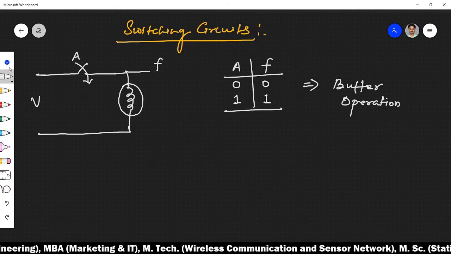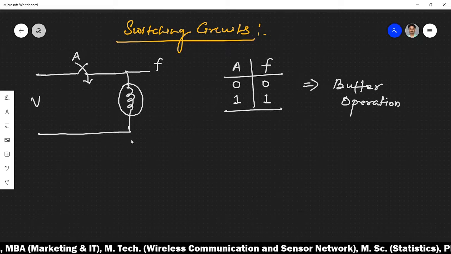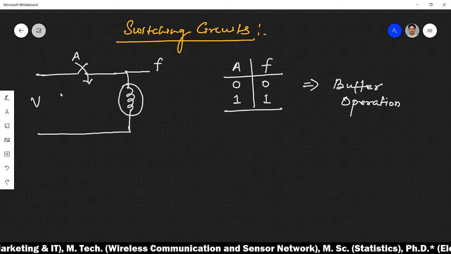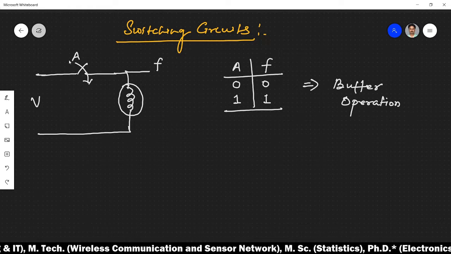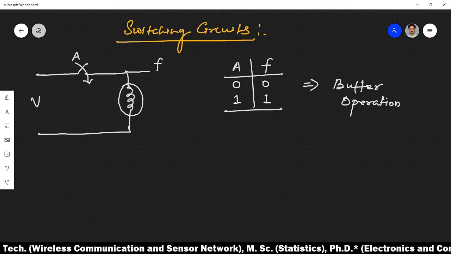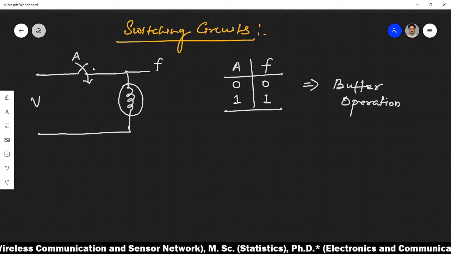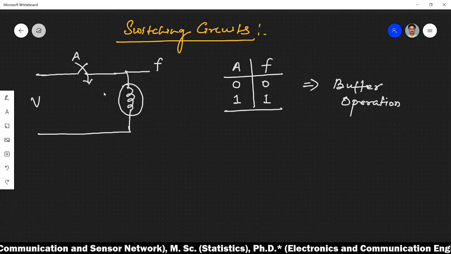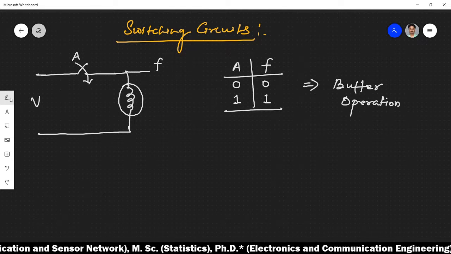Now let us see another aspect of this, because besides connecting this switch in series with this bulb, let me take this switch connected across this bulb in parallel. Then let's see what happens.